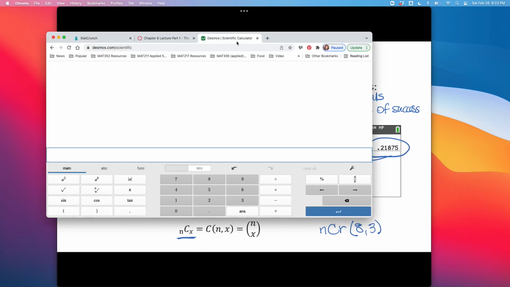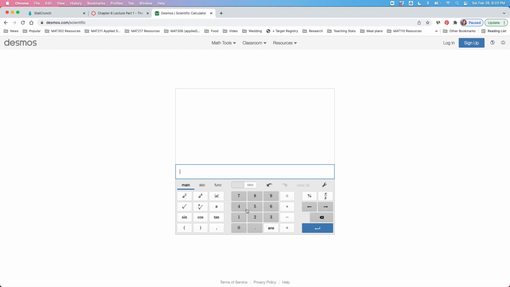Here I've got the Desmos calculator open, and I'm going to type nCr(8, 3), and then multiply that times 0.5 to the third times 1 minus 0.5 to the 8 minus 3, which is going to give me 5. Whoops, it's not going to let me keep it in the exponent. Let's put parentheses: 8 minus 3. There we go. And that's exactly what we got from the StatCrunch calculator.